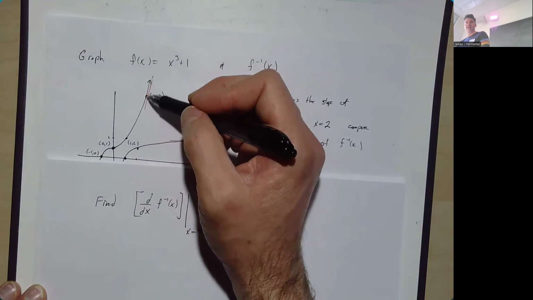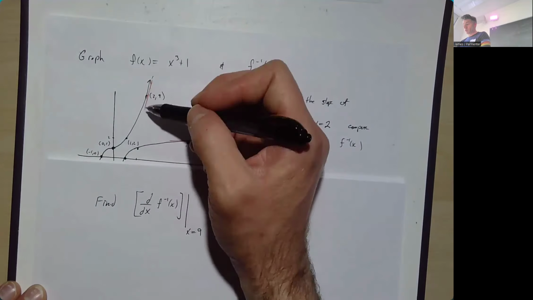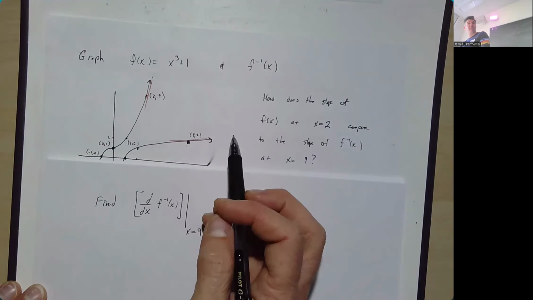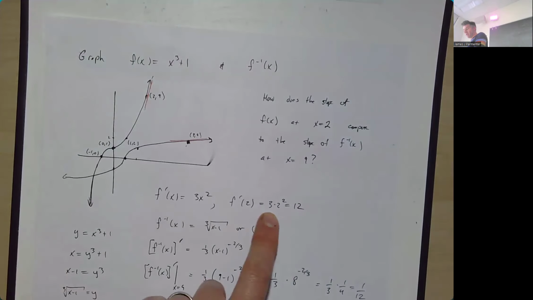If this is really, really positively big, this is going to be really, really positively small. This one was 12, this one was 1/12. We don't need to know what f inverse is to find that the derivative is equal to 1/12.